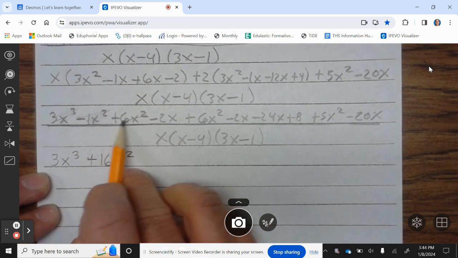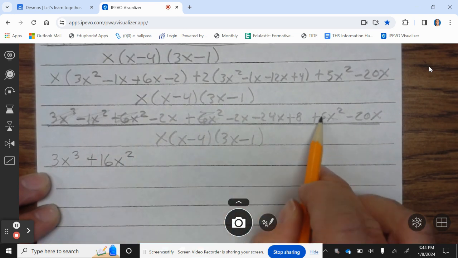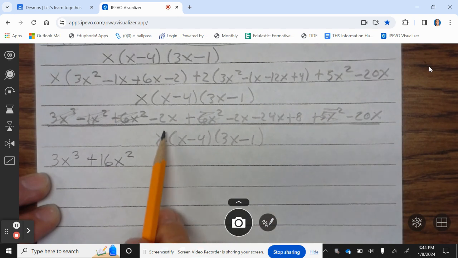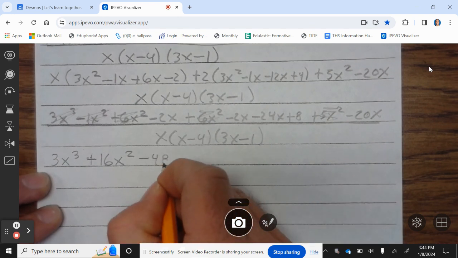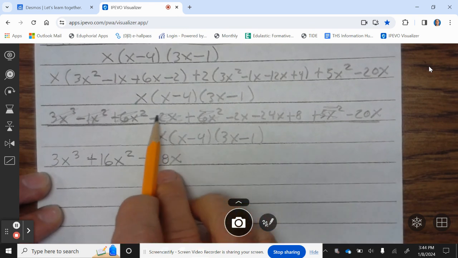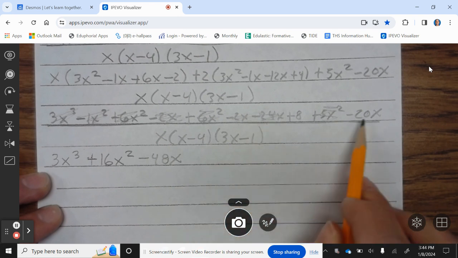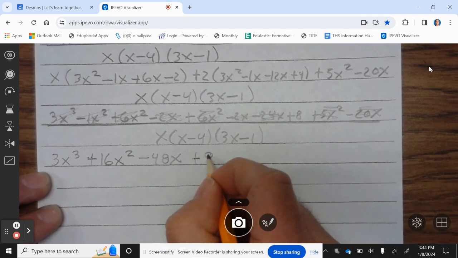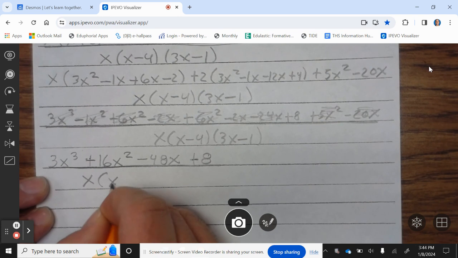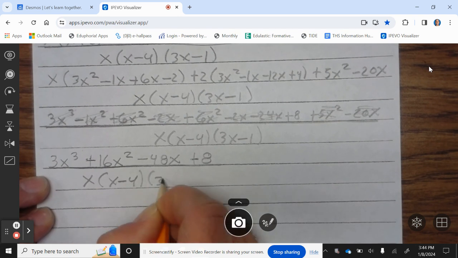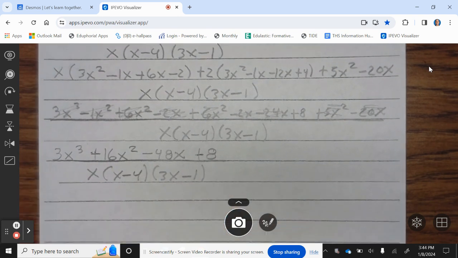Now, negative 2x and negative 2x is negative 4x, minus 24x is minus 28x. Minus 20 is minus 48x. So plus 8, divided by x times x minus 4 times 3x minus 1.